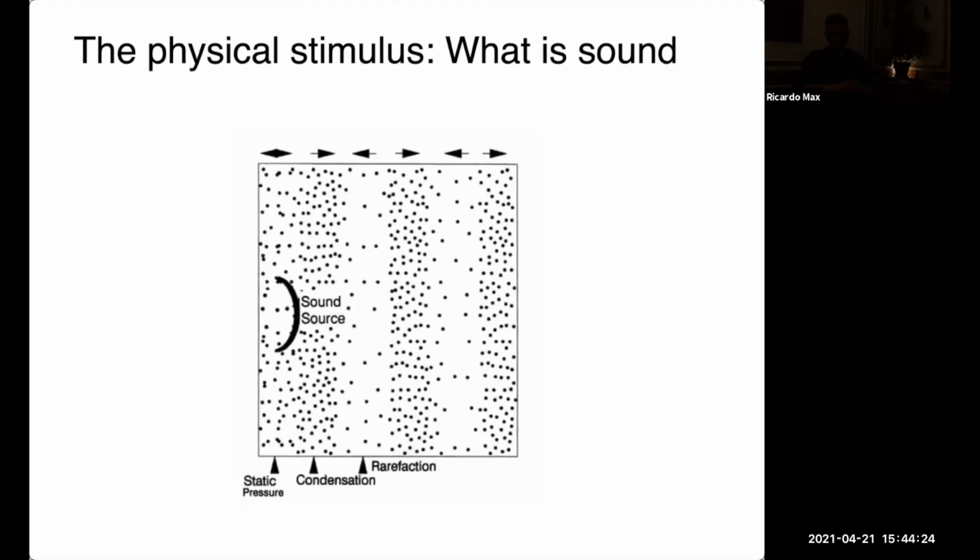Underwater, it's five times faster, something like 1,500 meters per second. Which also means that in a vacuum, we don't hear sounds. We cannot hear sounds because there is no medium, theoretically, that propagates movement.